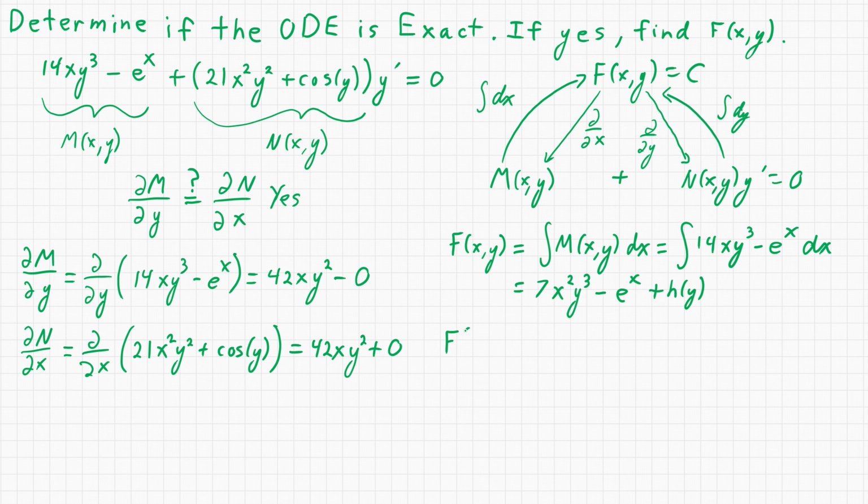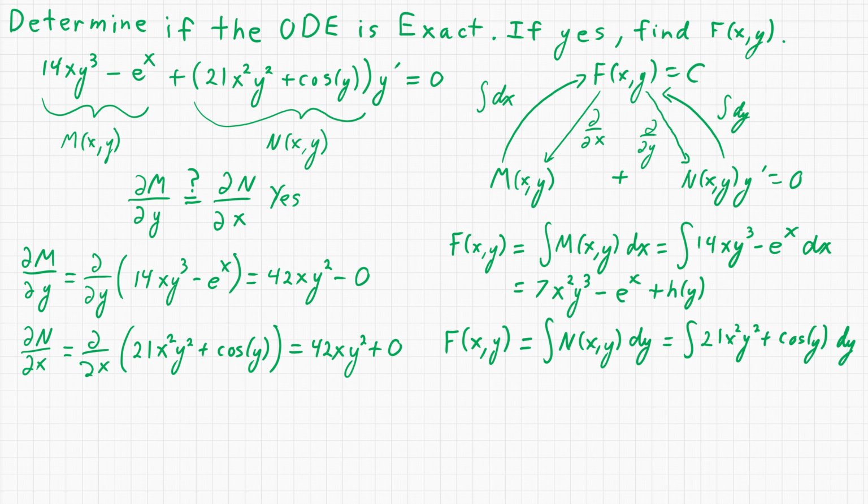All right, so going on the N path to f of x comma y should also equal the indefinite integral of N of x comma y dy. Okay, well N was way back here, 21x squared y squared plus cosine y. So 21x squared y squared plus cosine of y dy.